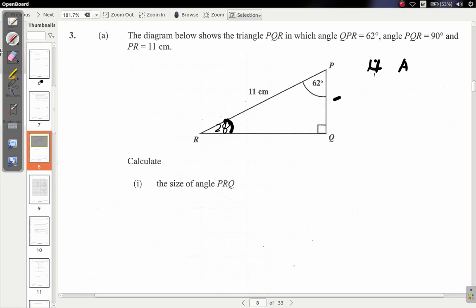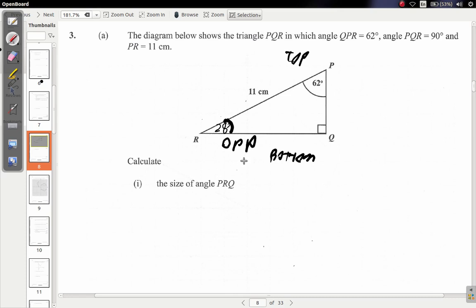So now you have to remember the principle behind it, right? This angle is at the top of the triangle, and this side is at the bottom of the triangle. In other words, top and bottom are opposite to one another. So RQ is the opposite. Let me just write OPP.